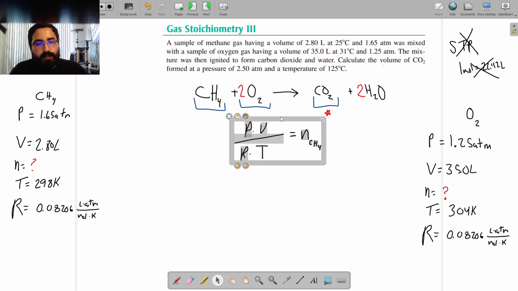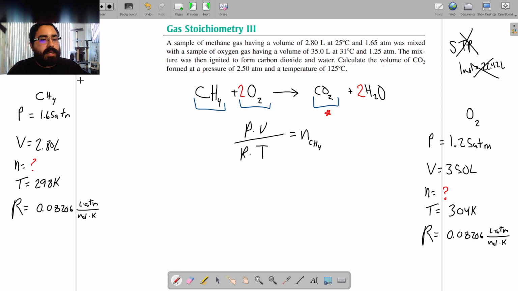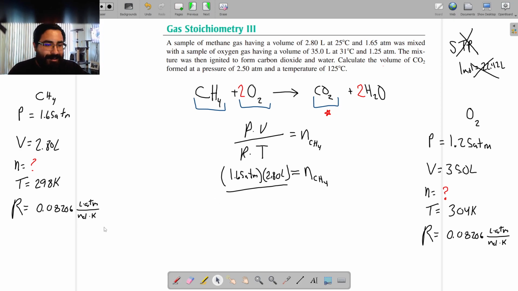All right, so let's plug things in. We don't know the moles of CH4. That's why we wrote them out here. But we know the pressure, so 1.65 atm. We know the volume, 2.80 liters. We know R. At times I copy and paste.